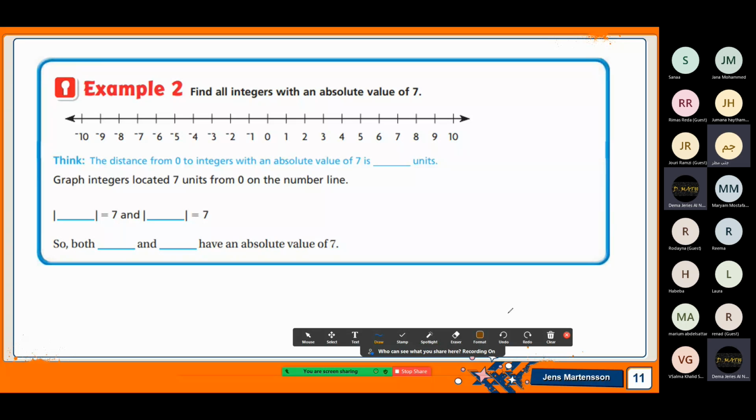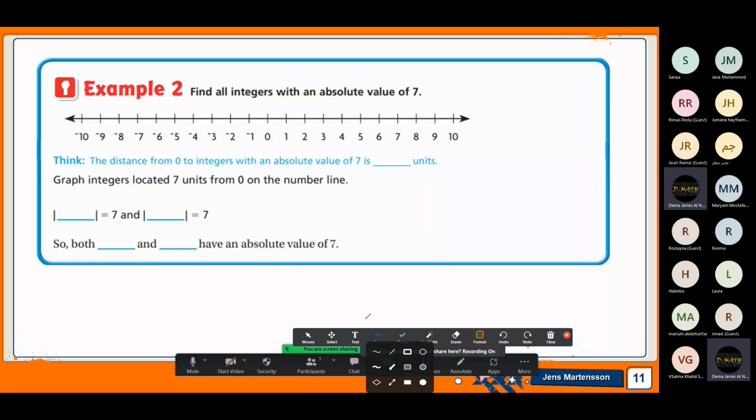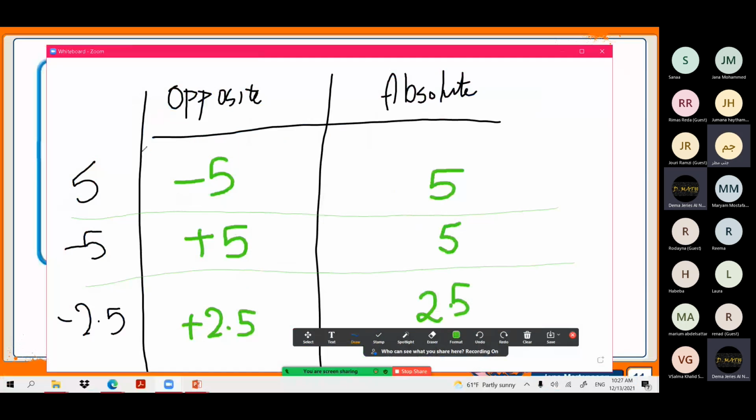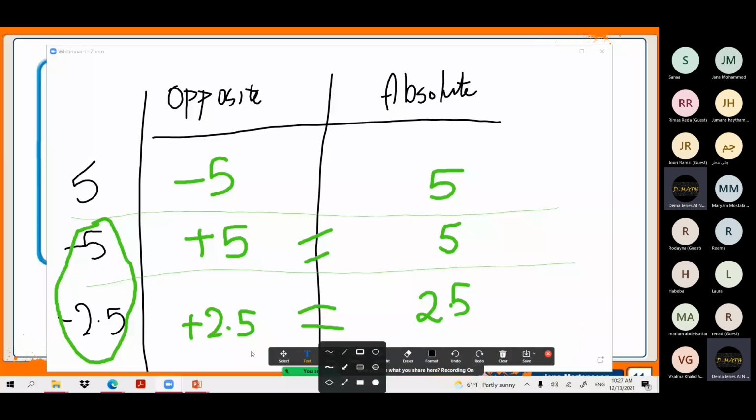Which is bigger, positive or absolute value? I told you how they are different. Like here, the opposite of 5 is -5. Its absolute is 5. So only in the negative numbers, the absolute is the same as the opposite. In the negative numbers, the opposite and the absolute are the same. But in the positive, they are not the same.